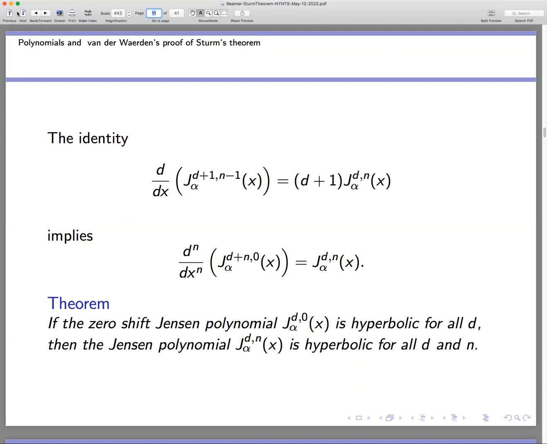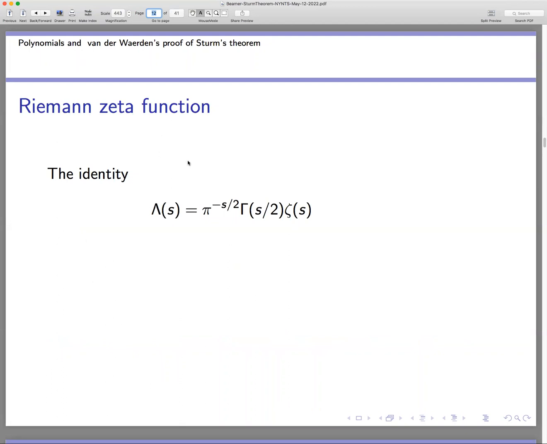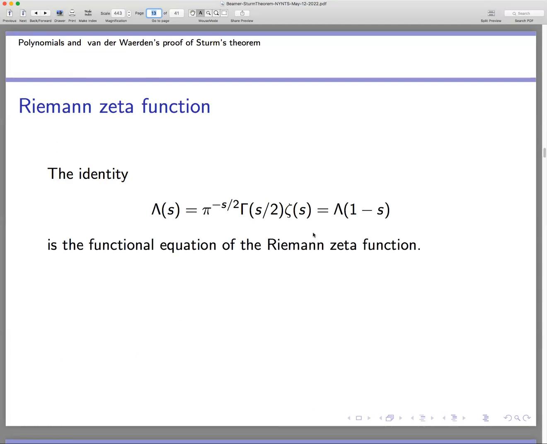So, okay, now for those amongst you who want a quick way to get your $1 million, you want to look at the zeta function, right? And if you know zeta times gamma times this power of pi, so this is the functional equation for the zeta function.